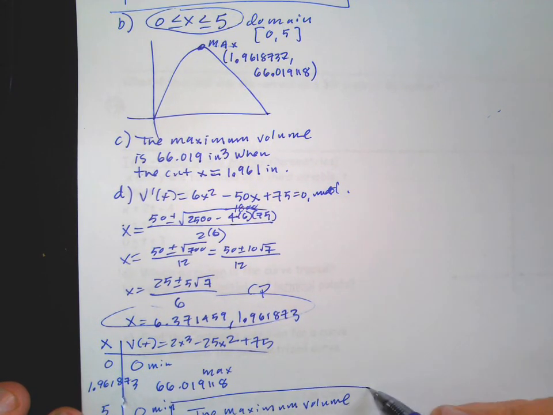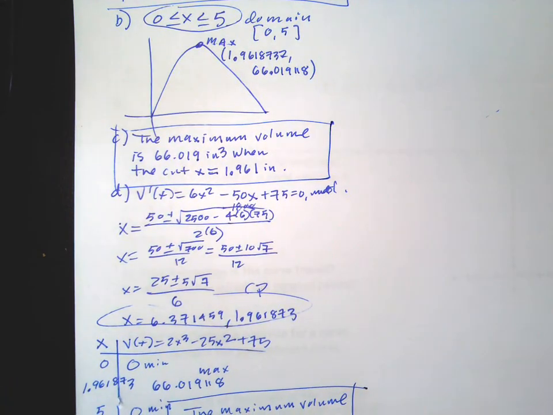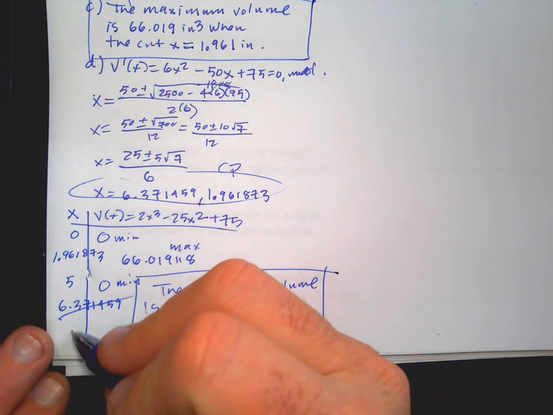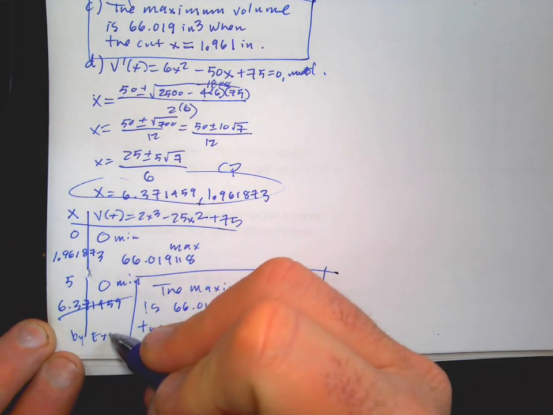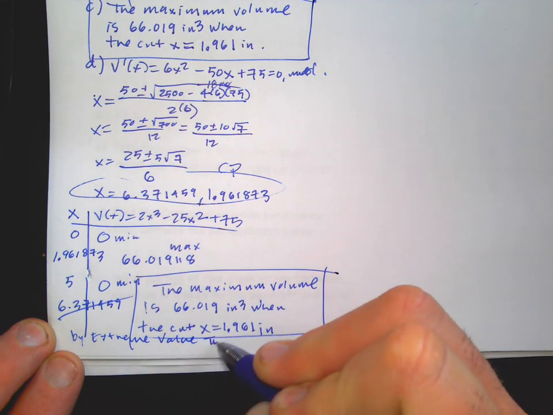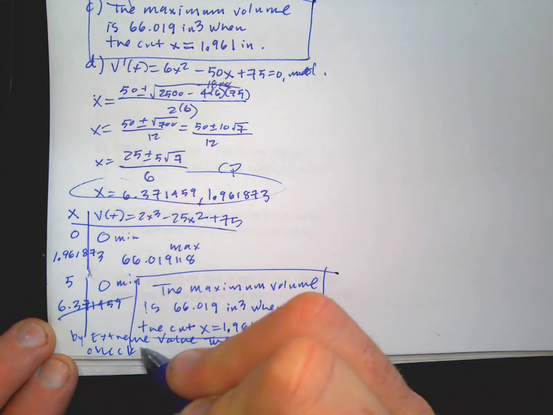Same answer that we got from just looking at the graph. Technically, we'd say by extreme value theorem, checking endpoints and critical points.